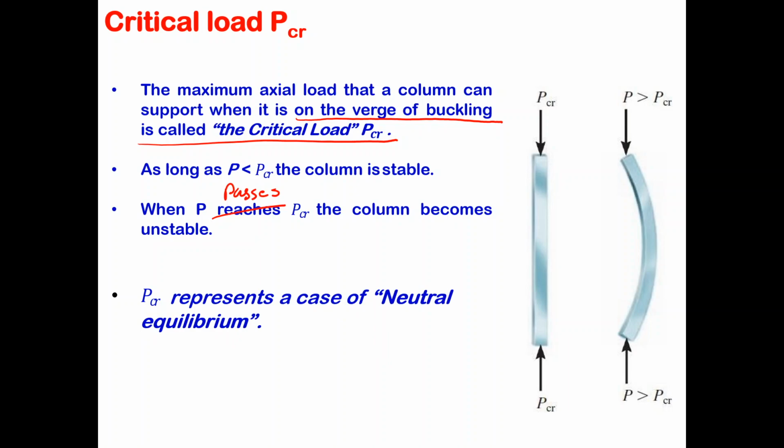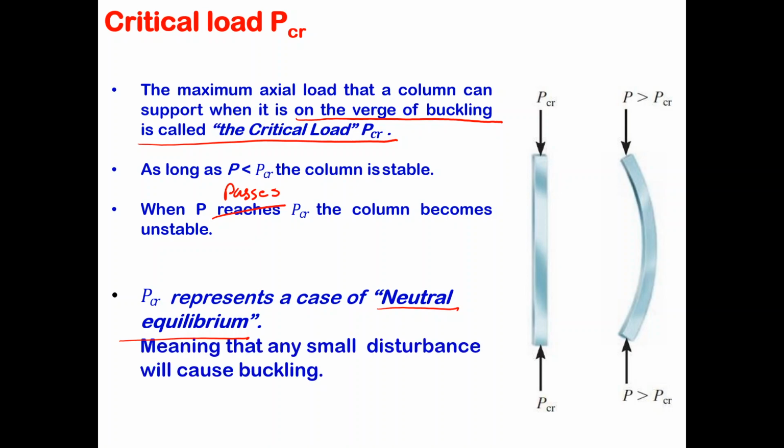And therefore, we can safely say that the P critical represents a case of neutral equilibrium. Okay. Meaning that any small disturbance will cause buckling if that disturbance is increasing the force that is being applied.